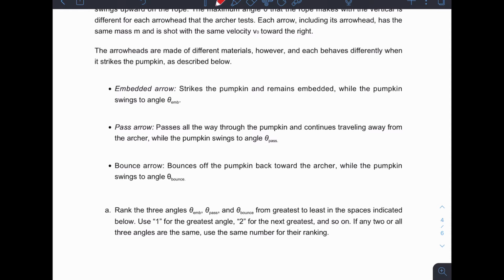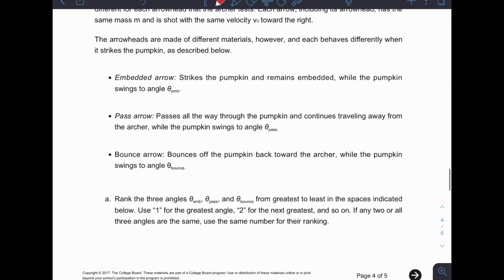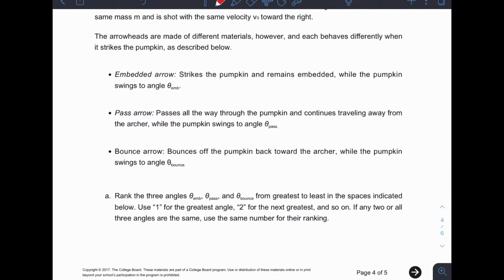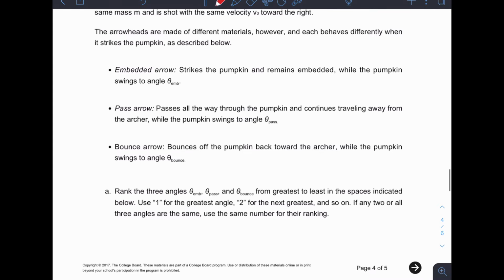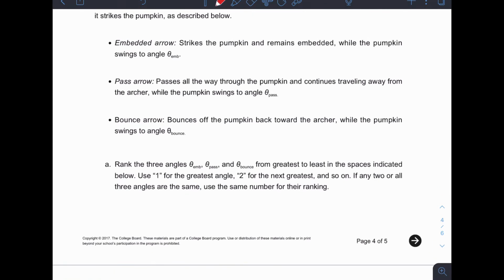So what we have to do is rank the 3 angles, embedded, pass through, and bounce, based on which one has the pumpkin go highest. That is based on the conservation of momentum and the fact that the arrow is hitting it at the same speed each time means that the total momentum of the system is the combined momentum of the arrow and the pumpkin.